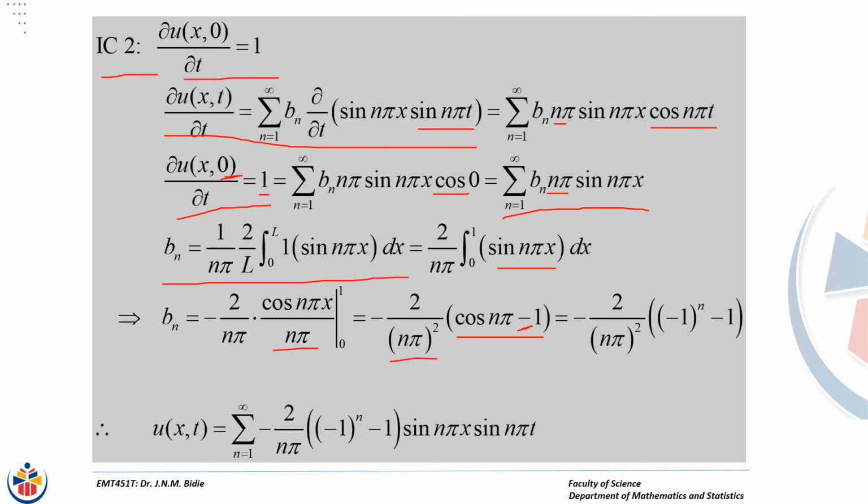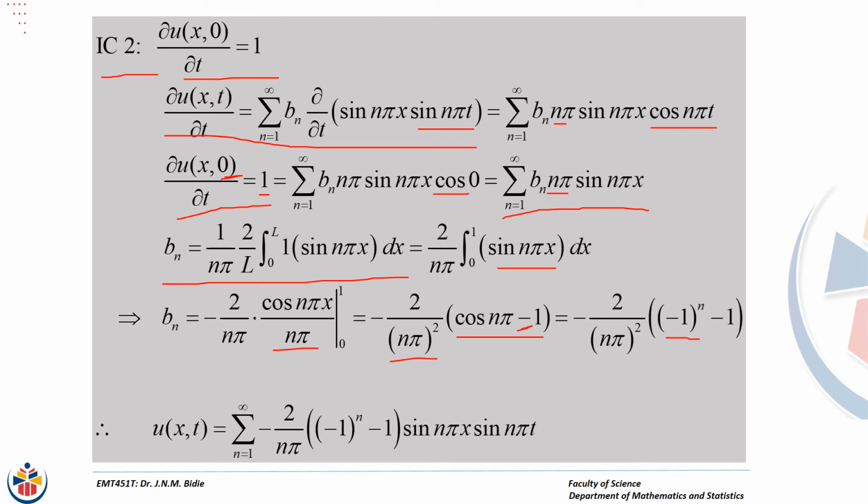Now, one other thing that we need to take care of. Cos n pi, we had said sine n pi is always equal to 0. But cos n pi will always be equal to negative 1 all to the power n. You can check your calculator.